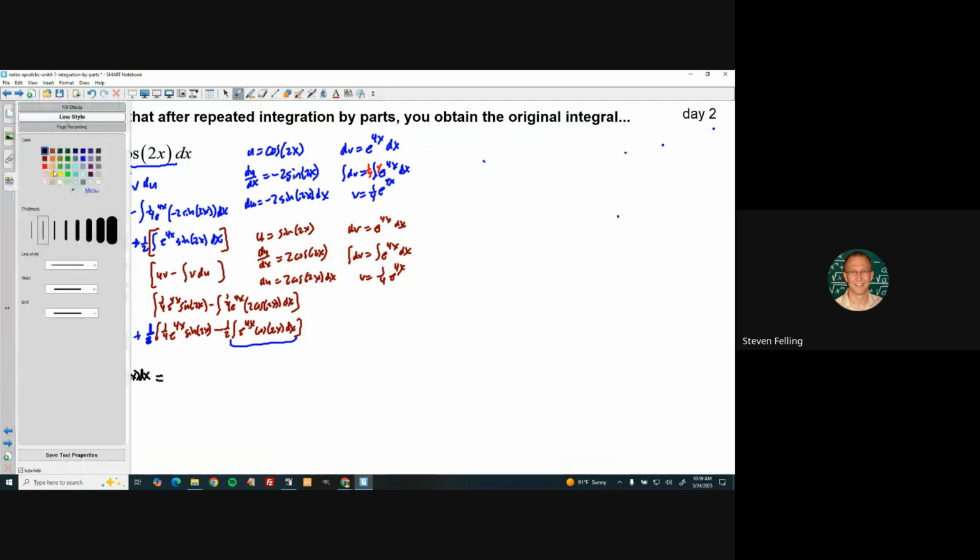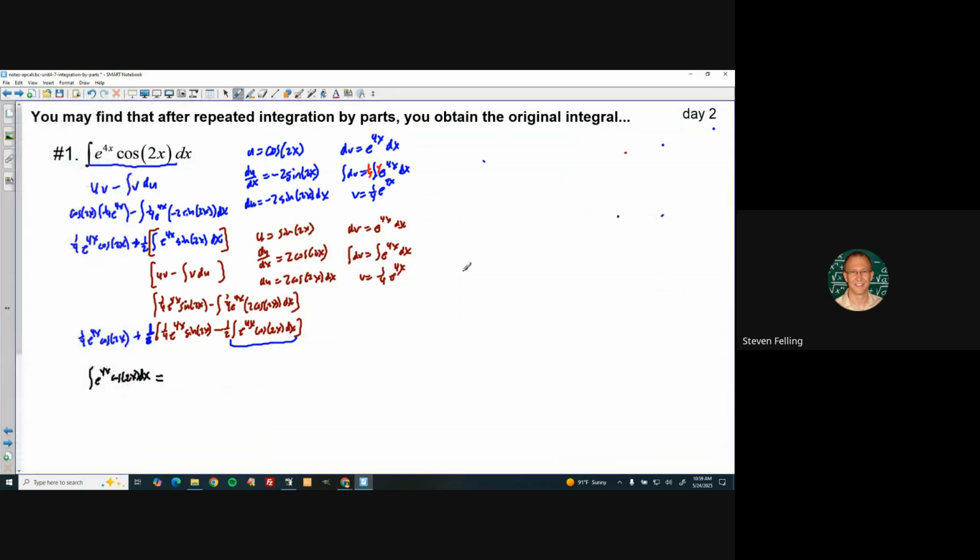So I'm going to go ahead and put all of this in blue. I'm going to multiply this out now. Okay, so this is a half times, actually it's this first, it's 1/4 e to the 4x cosine 2x. Then it's this term, which when we multiply this is positive 1/8 times e to the 4x sine of 2x.